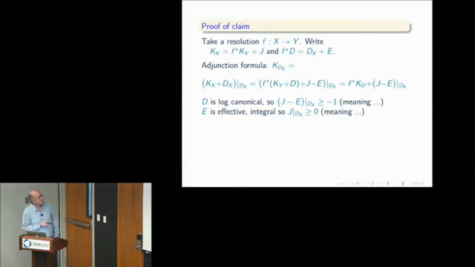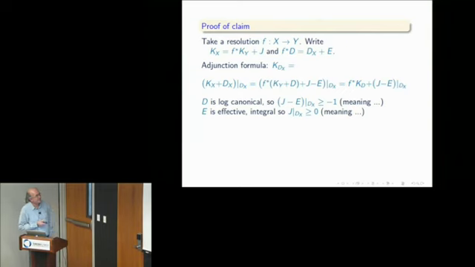Now, this D, if I assume that it's log canonical, that means that in this J minus E restricted to D X, every divisor appears with coefficient larger or equal to -1. And so this is precisely the simple pole condition that we had before.